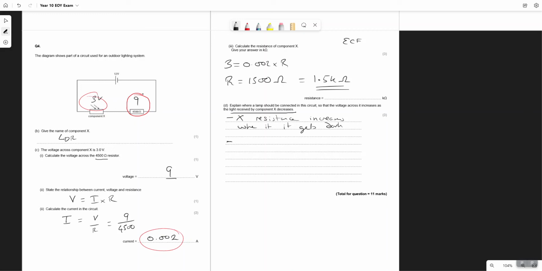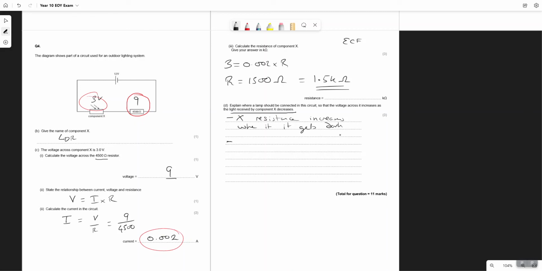We've got 3 volts here, we've got 9 volts here. Now this has got 9 volts, it's got a resistance of 4,500. This has got 3 volts, it's got a resistance of 1,500. The thing with higher resistance takes more of the voltage. Voltage is used up in a circuit based on how much resistance each component has.